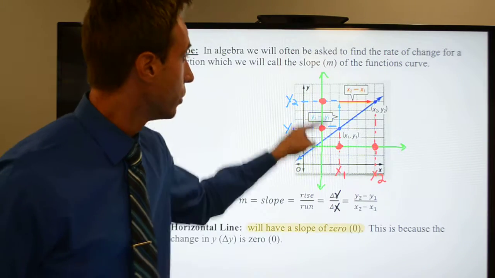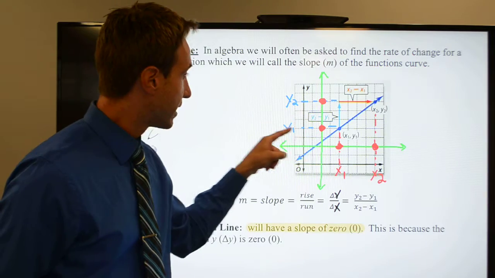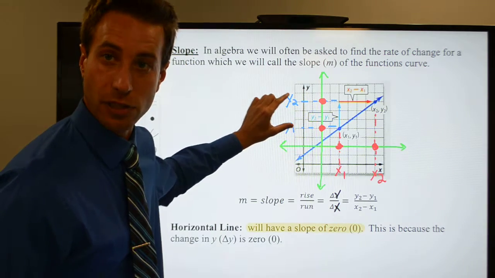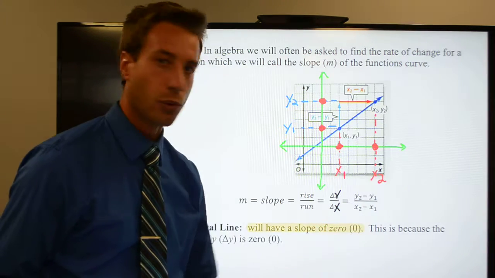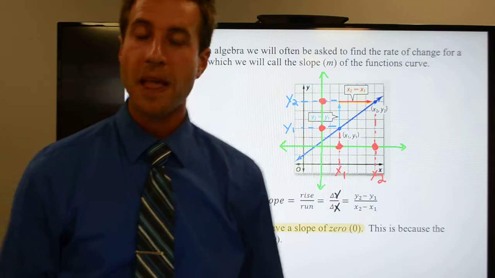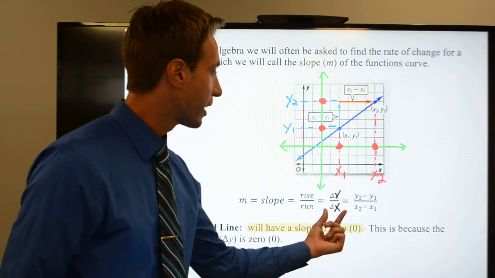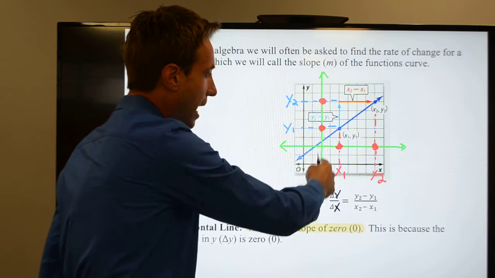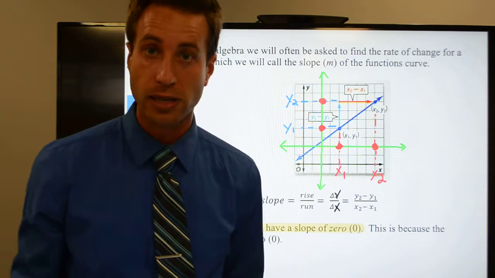Well, my y2 is that guy right there. My y1 is this guy right here, and I absolutely can calculate the difference between those guys. That's going to be my rise, and it'll go right here for y2 and y1. The problem is when it comes to the run, when I calculate the difference in x, well, both of these points come down to the exact same x value, a positive 2.